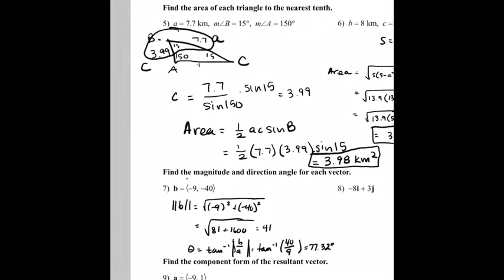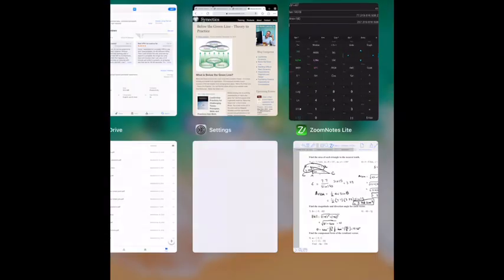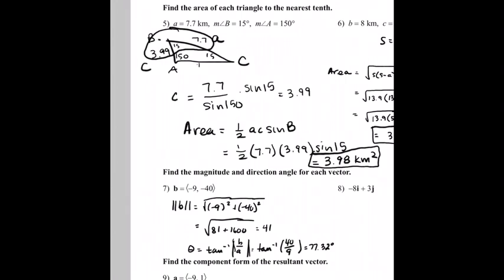That's always going to give you an angle in the first quadrant. But if you think about where this vector is, -9, -40, that's in the third quadrant. So this angle here, 77.32, is a reference angle for an angle in the third quadrant. So we need to add that to 180, and we get 257.32. So the actual angle is 257.32 degrees. And then the magnitude of vector B was 41.